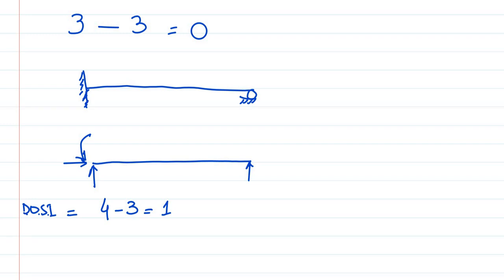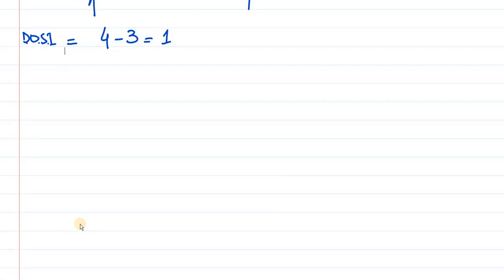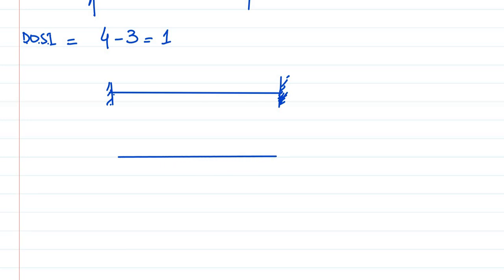Alright, so let's consider another quick example. Let me show you a fixed ended beam, fixed supports on both sides. If I again draw the free body diagram, it will consist of these forces, 3 possible directions over here, and similarly 3 possible directions on this side.